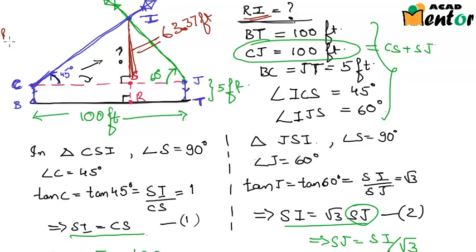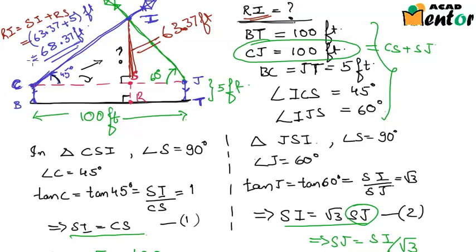So RI is equal to SI plus RS. And we know SI as 63.37 feet. And we know RS as 5 feet. So this would be 63.37 feet plus 5 feet. So that would be equal to 68.37 feet. So that's our answer.